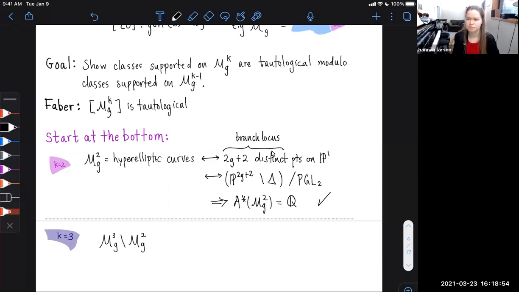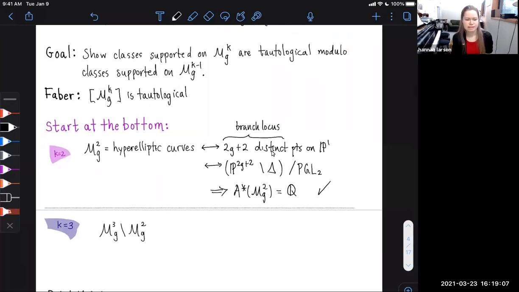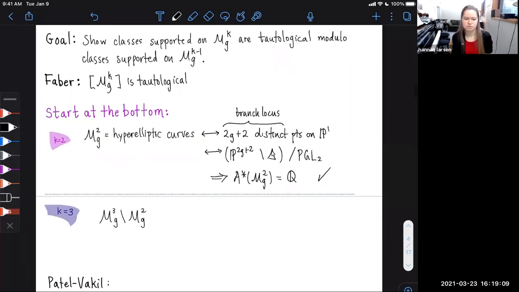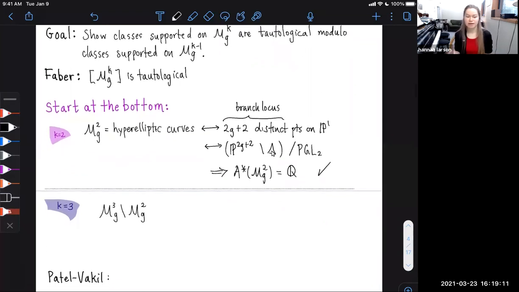Any more questions? Yeah, so this is kind of the baby case of this whole procedure. All right, so I'll go on to now k equals 3. So we're going to look at M_g^3 minus M_g^2.